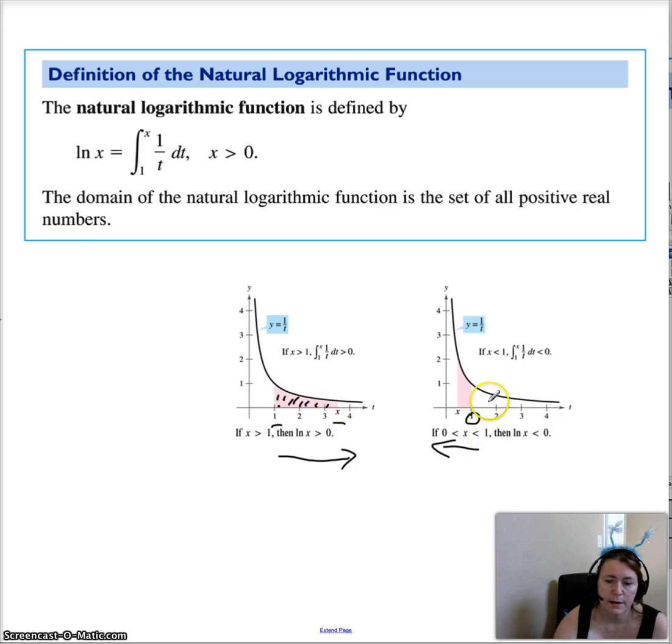So you can get all the negative numbers by integrating from 1 to x when x is less than 1, and all of the positive numbers when integrating from 1 to x when x is greater than 1.